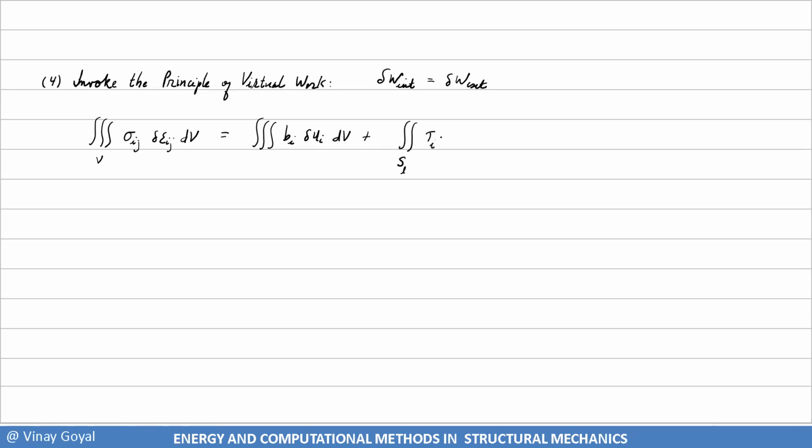Ti del ui ds. Okay, so that's that surface. And then I can also add the inertial forces if I wanted to. So minus triple integral rho, and then I have ui double dot del ui d volume.